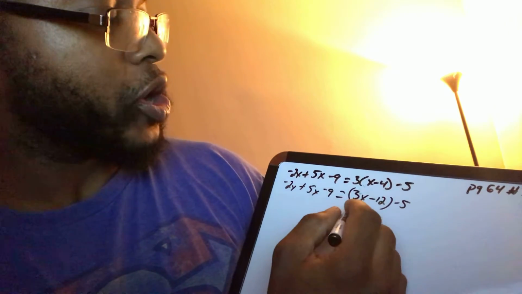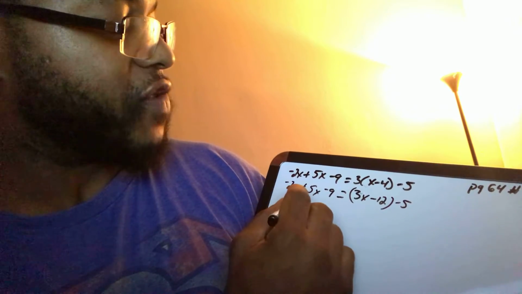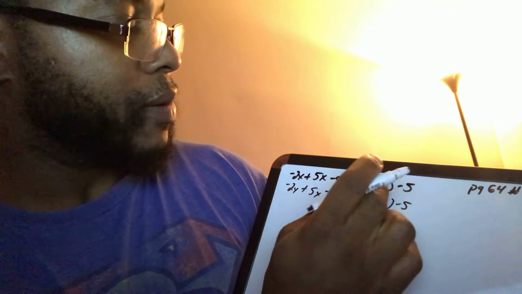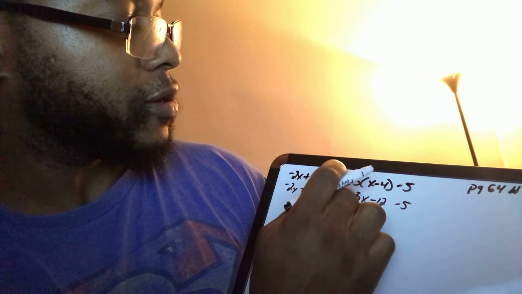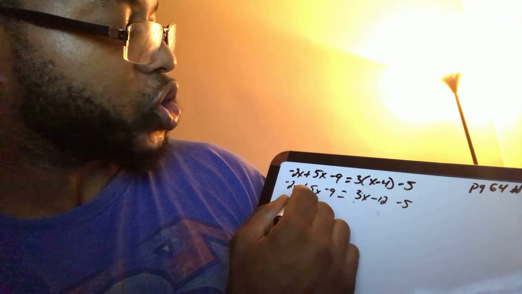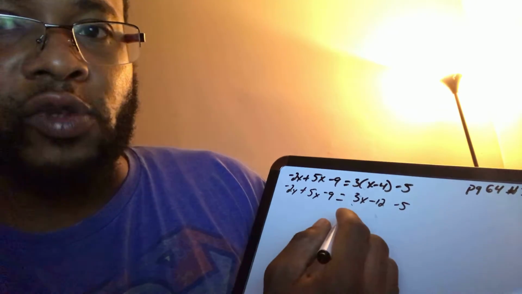And then the next thing we're going to do is focus on the x's on this side here. Let's erase these parentheses here. Ultimately what I want to do is get 5x on one side and a number on the other side.